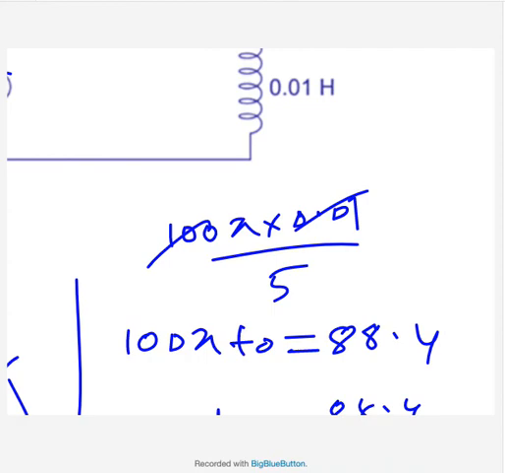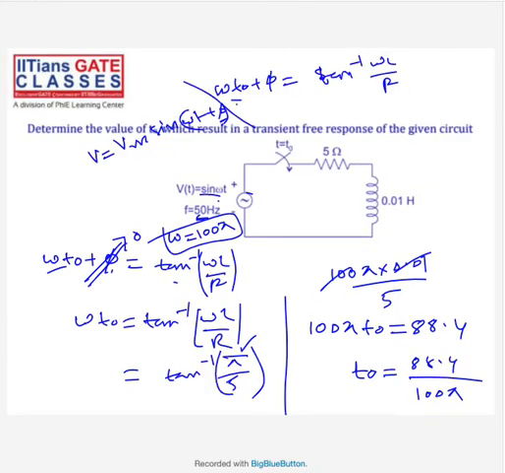Tan inverse pi by 5 is tan inverse 36, which you got as around 88.4 degrees. So T naught will be 88.4 by 100 pi. At this instant, if I close my switch, the transients won't appear. Clear?